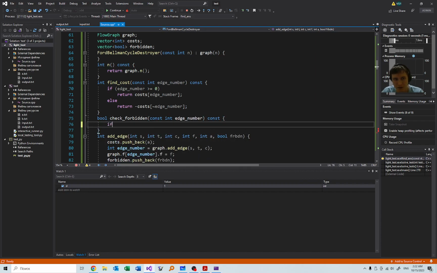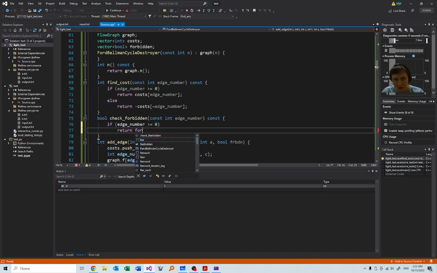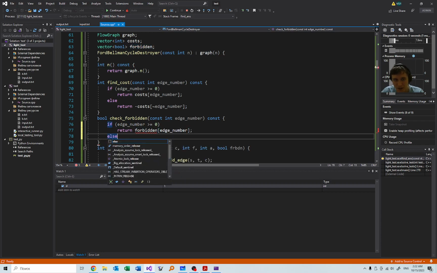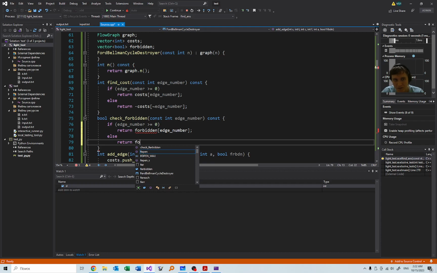So if edge number is at least 0, return forbidden[edge number], else return forbidden[not edge number].